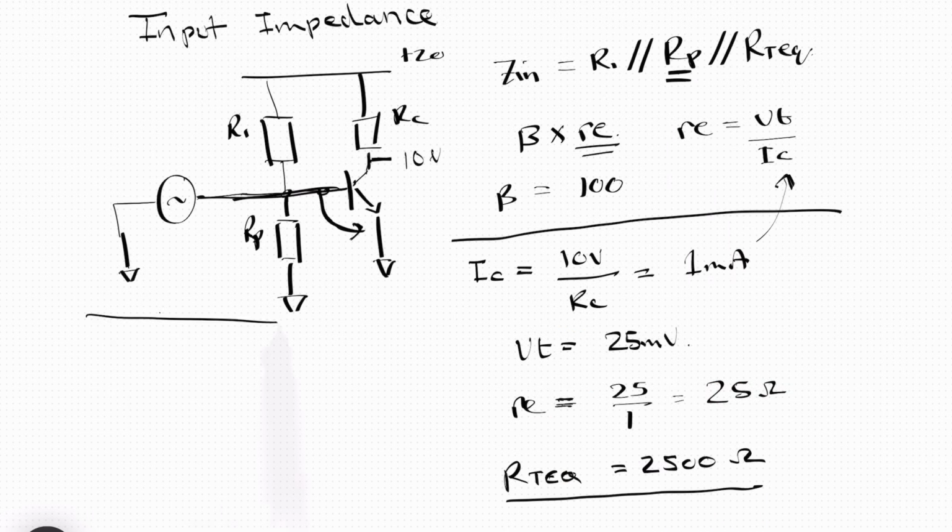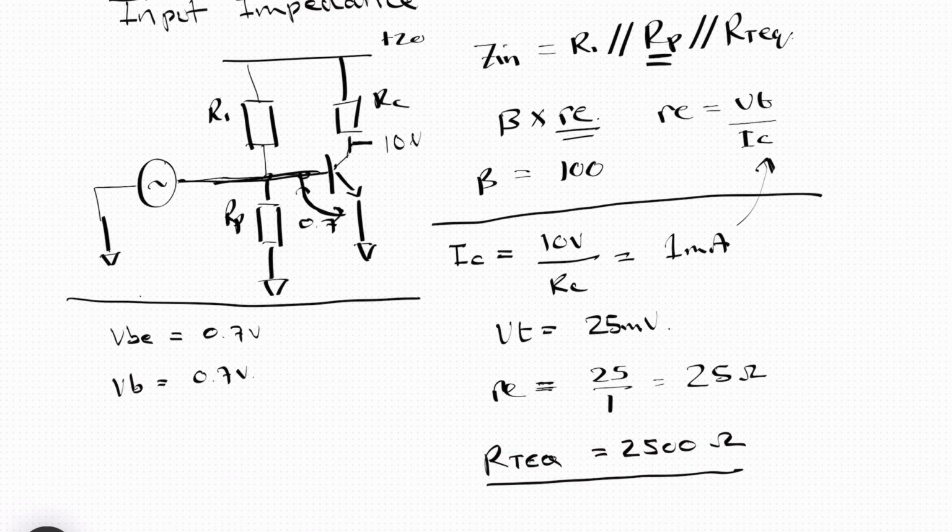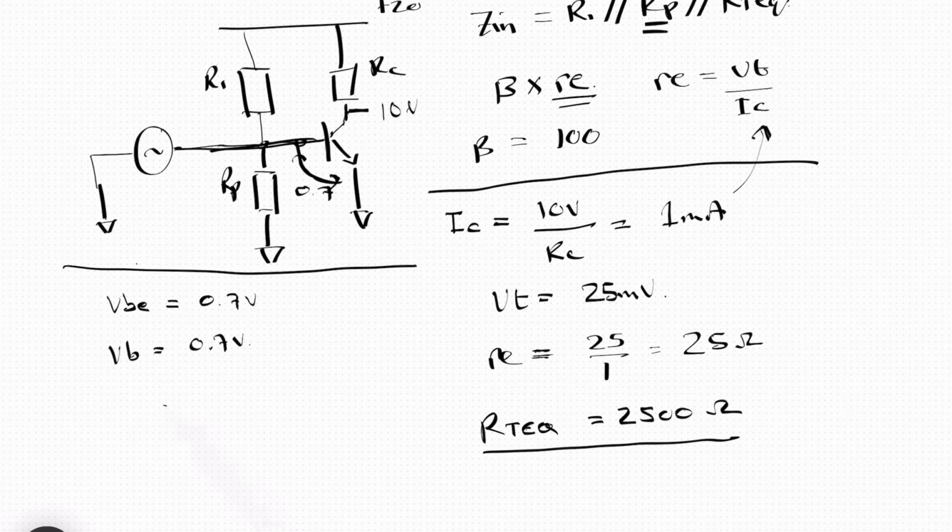To calculate RP, let's start off with an assumption that VBE is equal to 0.7 volts. So that's this voltage over here is 0.7 volts. That means that we're going to have 0.7 volts on the base, so VB is equal to 0.7 volts. So we can calculate what we need RP to be, because we know what R1 is.